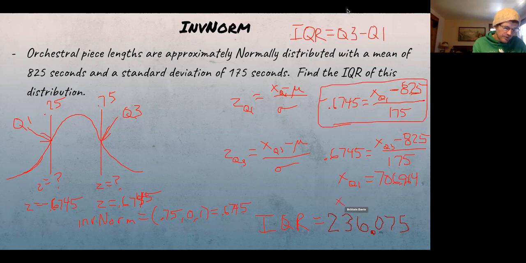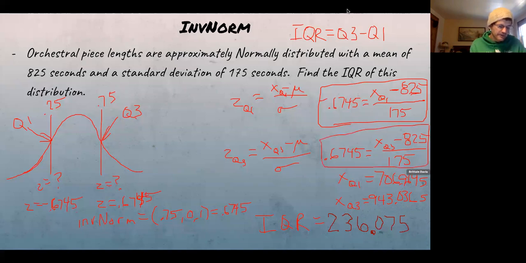X for Q3 is going to be 943.036 seconds. That's not a 5 at the end, that's S for seconds. Okay, so these two calculations give me those two answers down below. All right. Now I just need to subtract them. 943 minus 707 basically gives me 236.